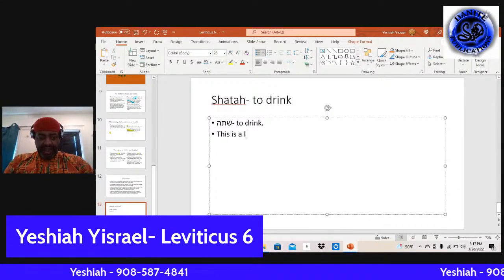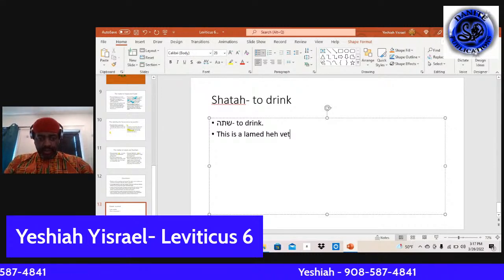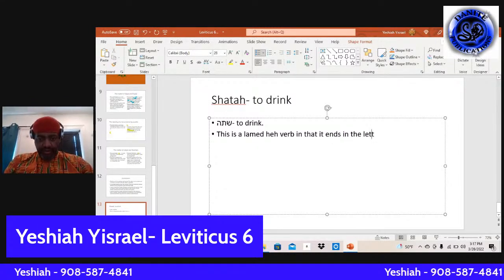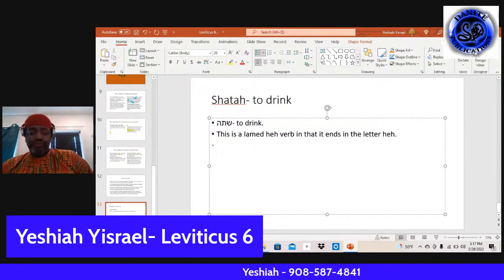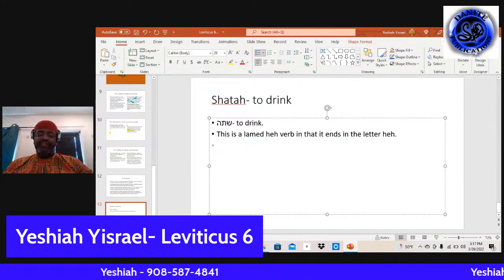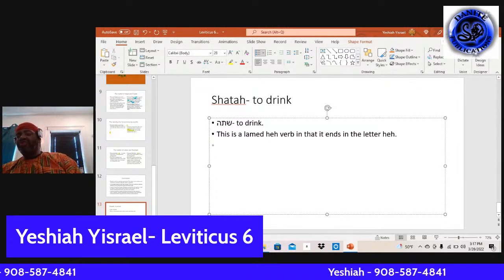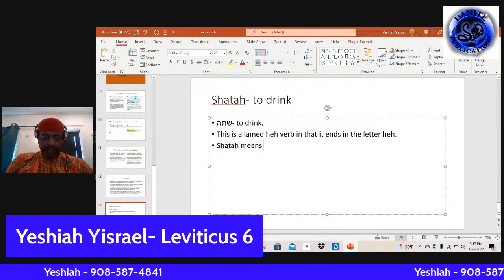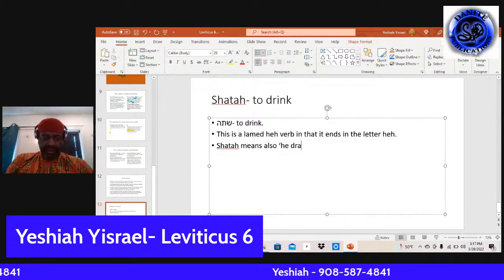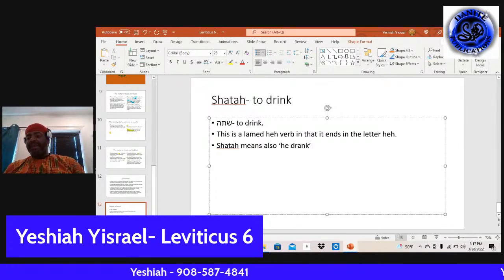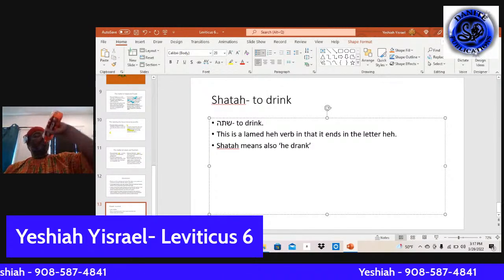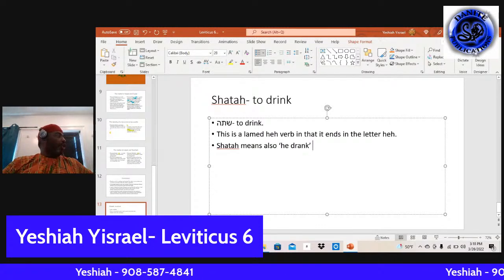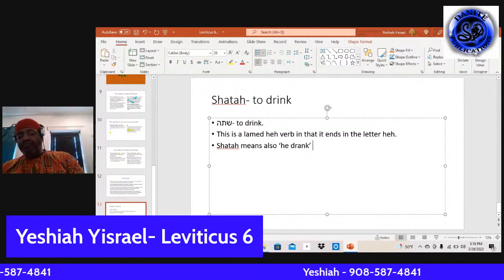This is a lamed hey verb in that it ends in the letter hey. How you know it is what they consider irregular is that the hey drops off in the past tense. So shata also means he drank. If somebody were to say, looking at me and what I did, when I held this and did this: hu shata, he drank. I just wanted to go over and show that.